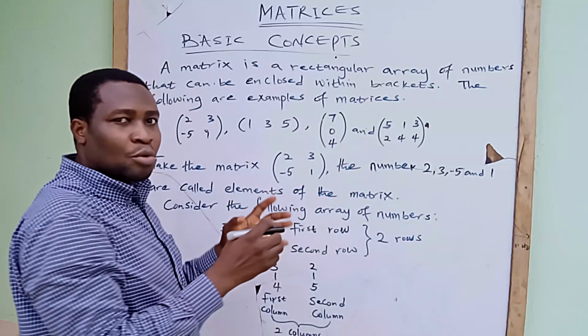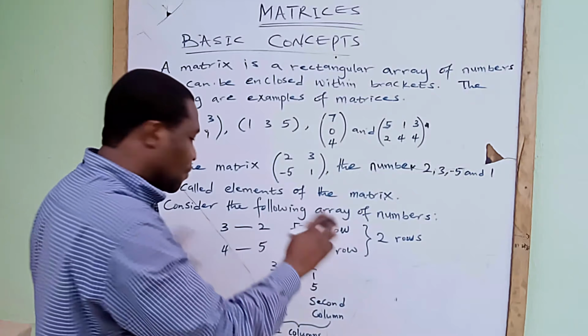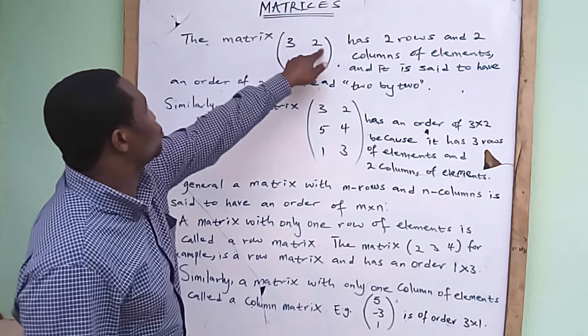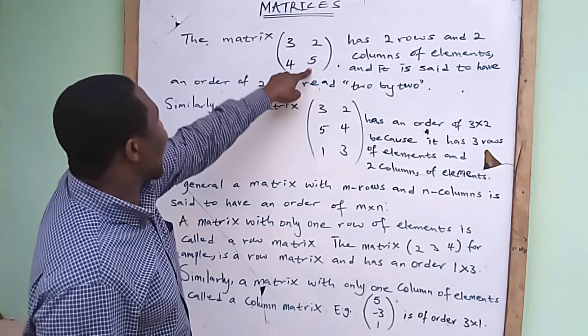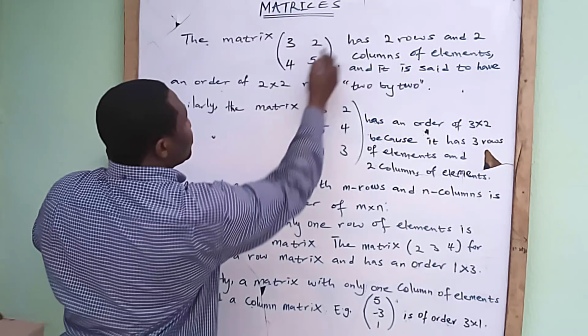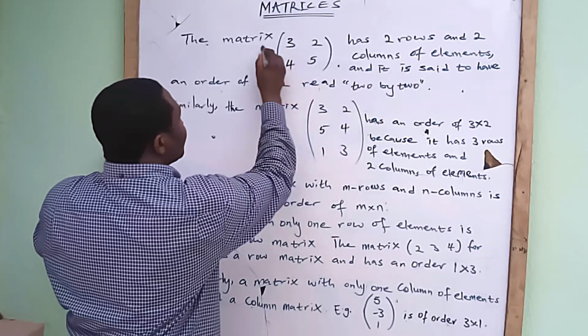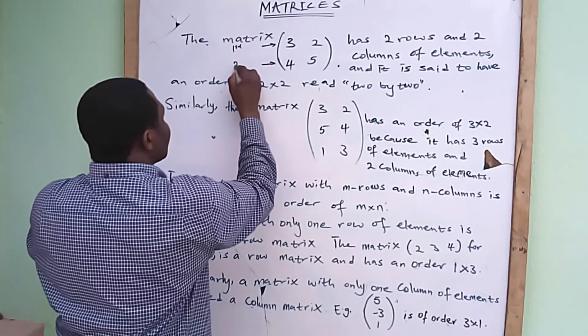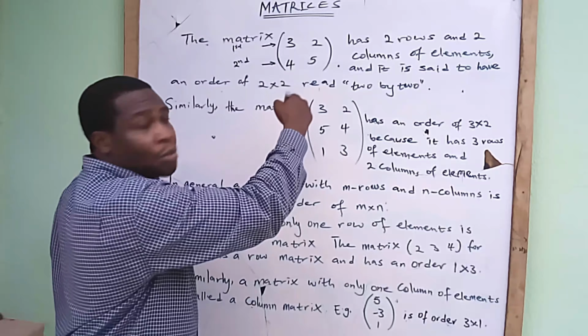We are going to look at more examples on this. The matrix 3, 2, 4, 5 has 2 rows. This is the first row. This is the second row.